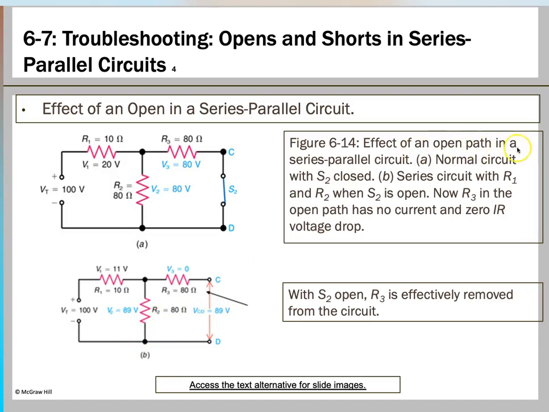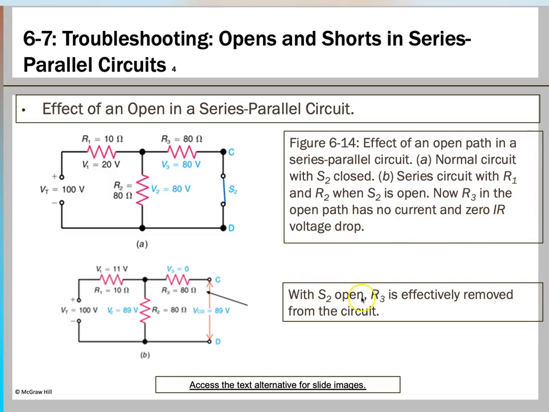So the effect of an open path in a series-parallel circuit: the first is the normal circuit with S2 closed, and the second is the series circuit with R1 and R2 when S2 is open. Now R3 is the open path and has no current and 0 IR voltage drop. So that's what you saw here.